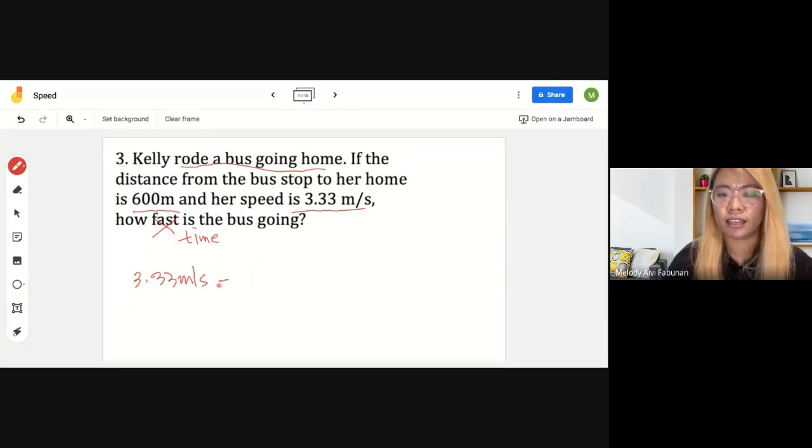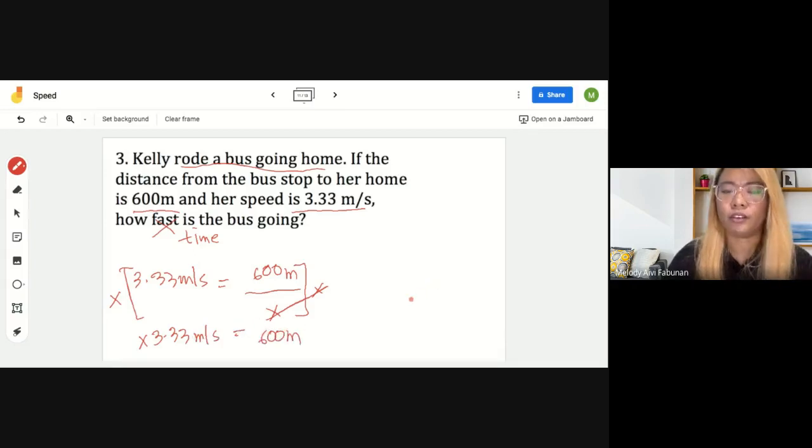Given din yung 600 meters, which is the distance, ang wala ay yung ating time. So we are going to multiply it with x. So it's 3.33 meter per second times x is equivalent to 600 meters.